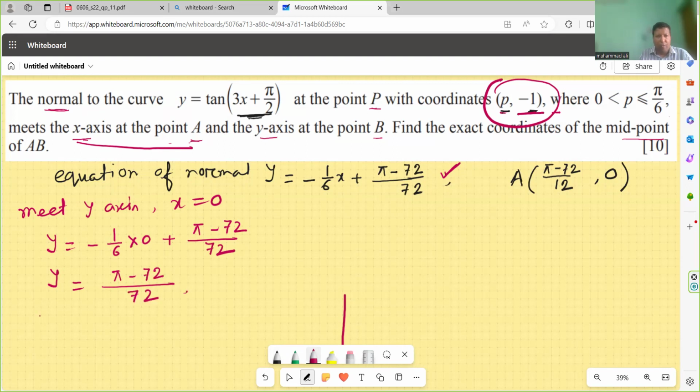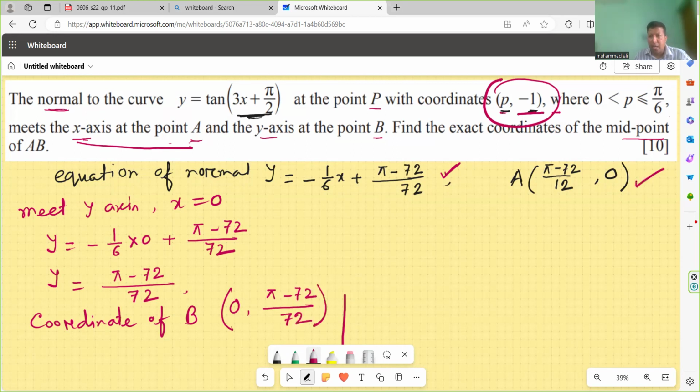So coordinates of B: obviously x value 0 and y value (pi minus 72) divided by 72. That means when the normal line touches the x-axis, we get x value and y value 0. When this normal line meets the y-axis, we get the B coordinate, here x value 0, y value (pi minus 72) by 72.